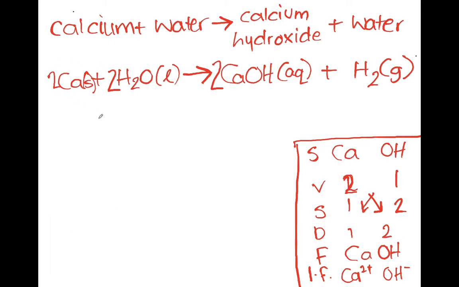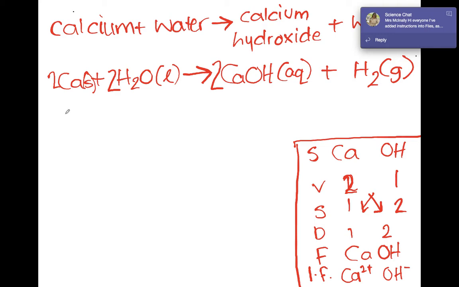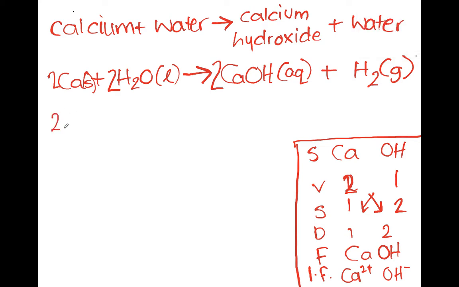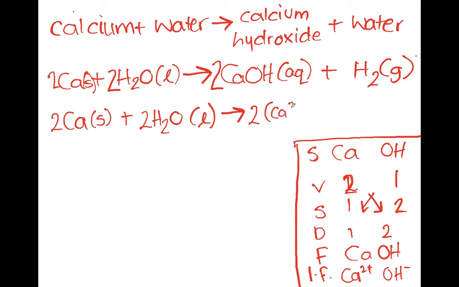So, as in the examples before, the first half of our equation stays the same, and it's the second half that changes. So it's Ca2+ plus 2OH minus plus H2 gas. That is the answer we all should have got.